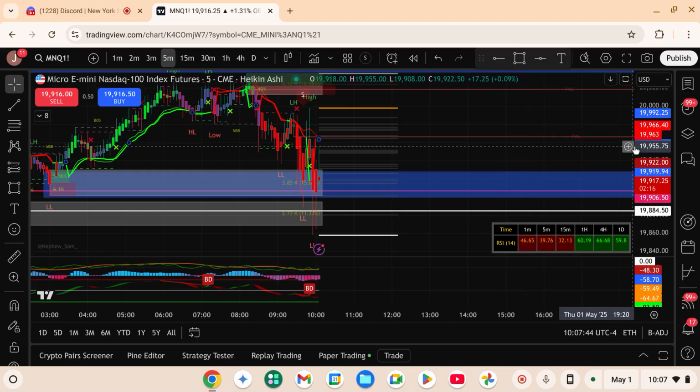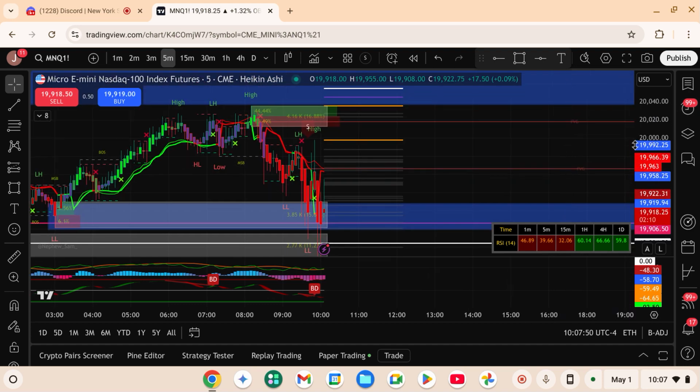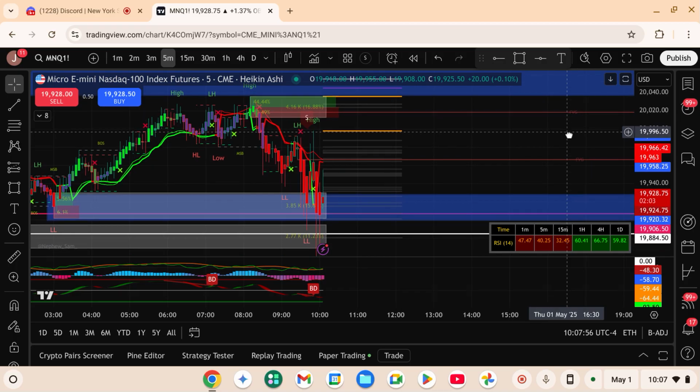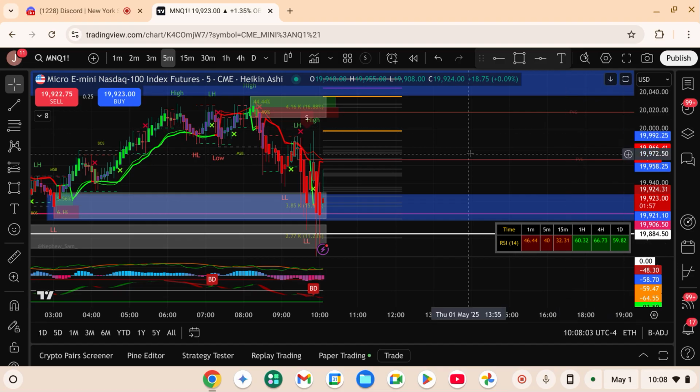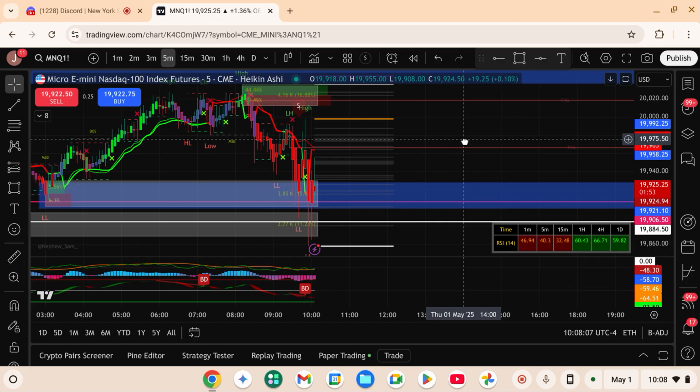Anything past 11 o'clock is just real risky. So 10:30, that's the cutoff time for me. Or 10:45 maybe. Give it the extra 15-minute candle.